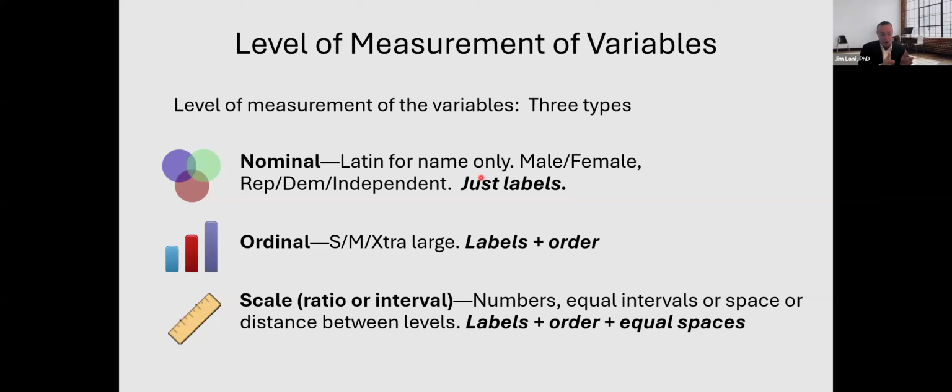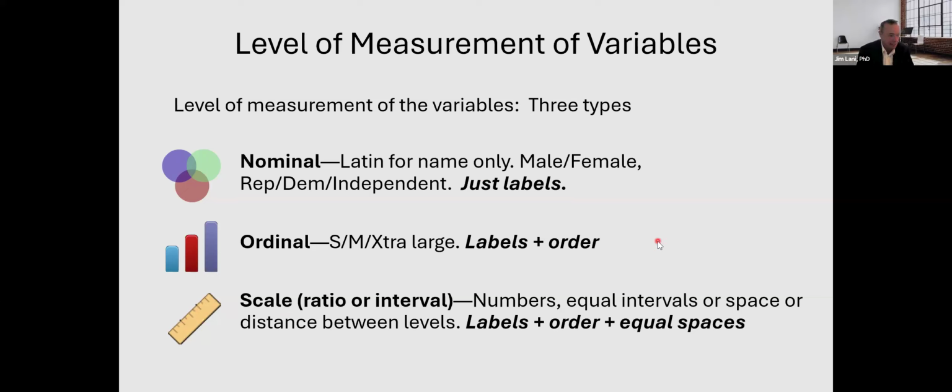But the intervals aren't necessarily equal. Scale, and I'm using that interchangeably with ratio, continuous, interval. So these have labels, 1 degree, 2 degrees, 3 degrees. They're in order. 1 comes before 2, 2 before 3, and they're equally spaced out.